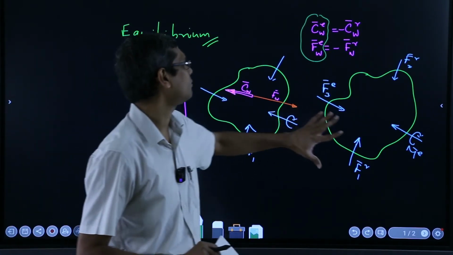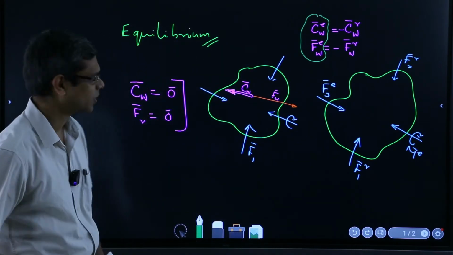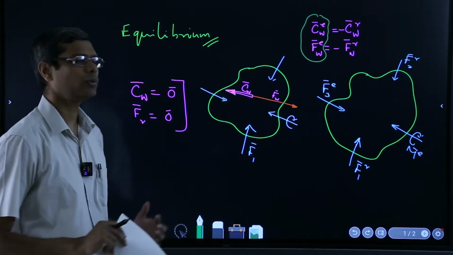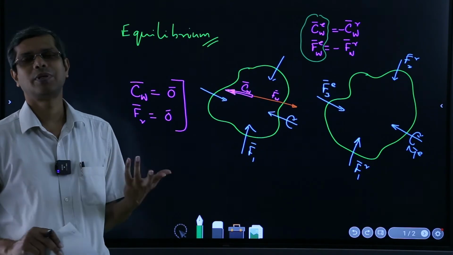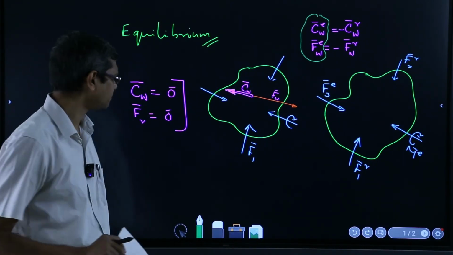So then we will say that this system is in equilibrium. Whatever view is comfortable to you, you should be able to think in that term.